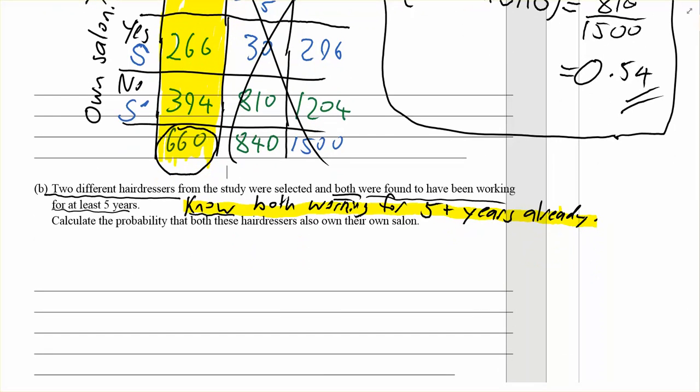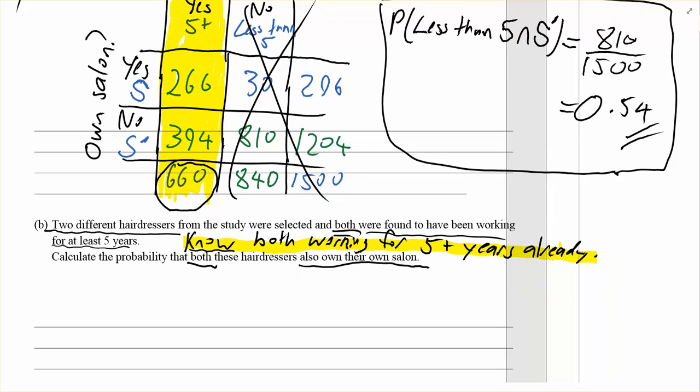Okay, now it says calculate the probability that both these hairdressers also own their own salon. So, when we're asked for two events, we always start with one.